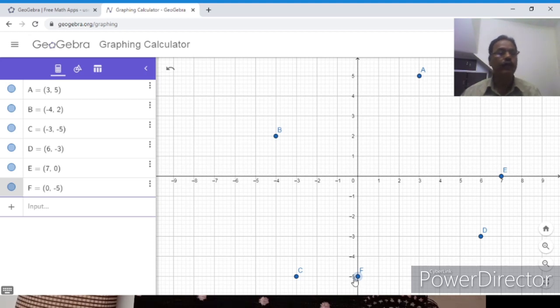So we have understood that if any coordinate is 0, then the point will lie on the axis. If the x coordinate is 0, it will lie on the y-axis. If the y coordinate is 0, then it will lie on the x-axis. So children, I think you have learned all these things.